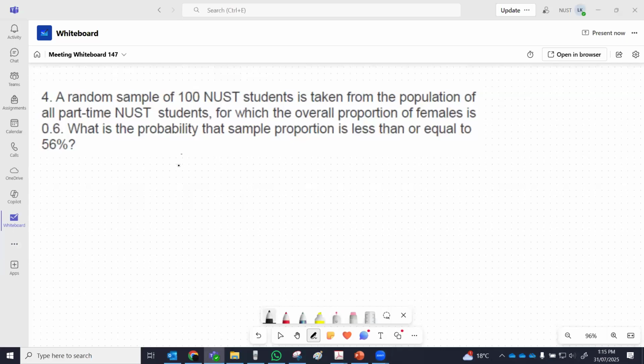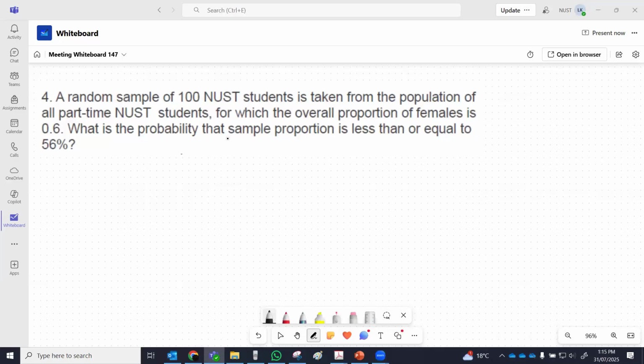So here's one more. A random sample of 100 NUST students is taken from the population of all part-time NUST students, for which the overall proportion of females is 0.6. What is the probability that a sample proportion is less than or equal to 56%? Okay, so again, doesn't matter how the question is worded.